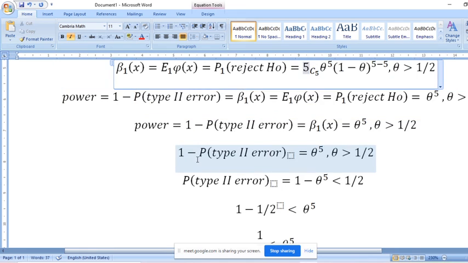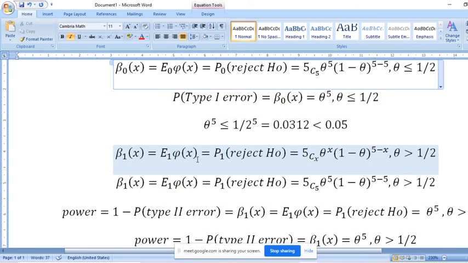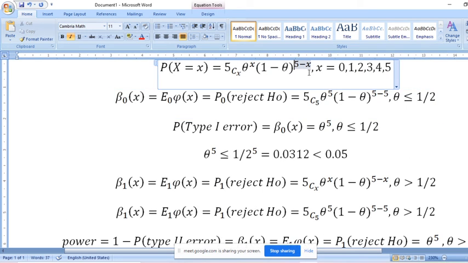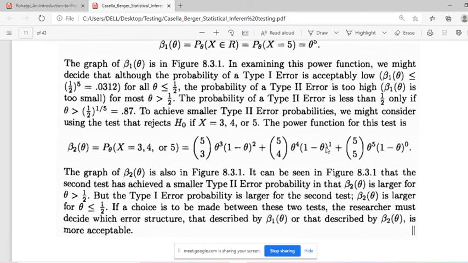A similar argument holds, just replace the power function term only. Instead of 5c5 we will use the 5c3, 5c4 and 5c5 terms, and add all these terms and use that expression as the power function.